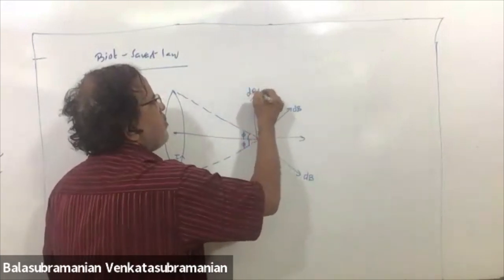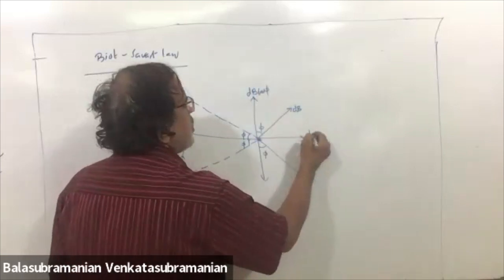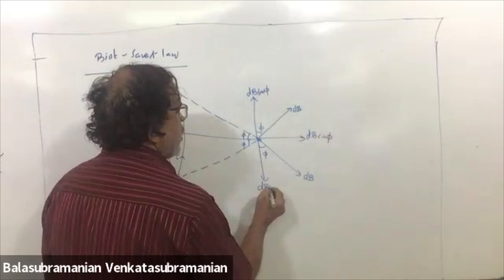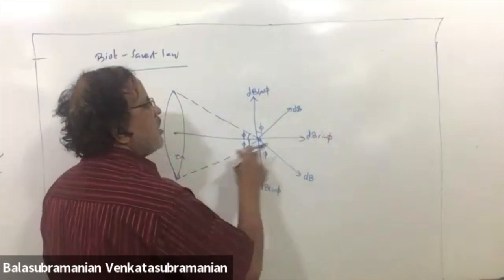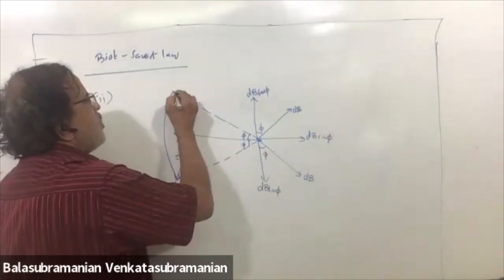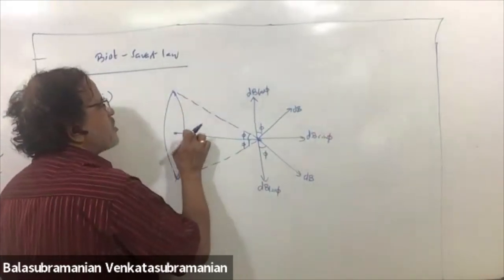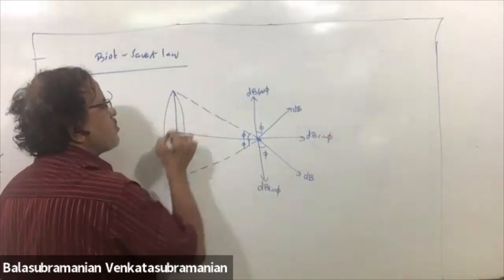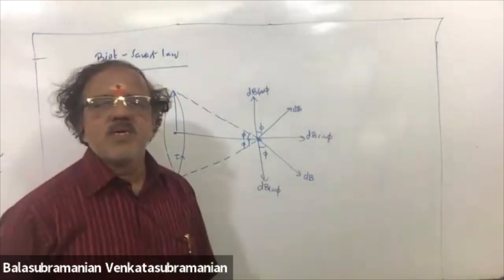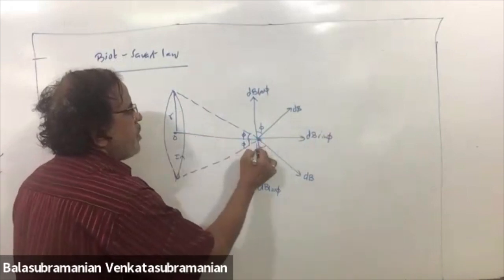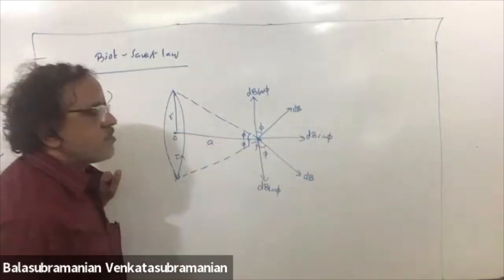Resolve: dB cos phi, dB sin phi. You are dividing this entire coil into so many small elements. Radius R, the distance from O to P is A.